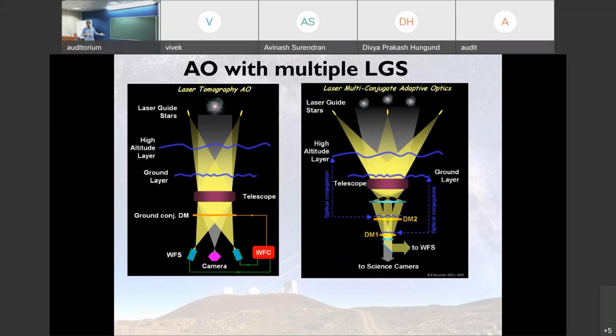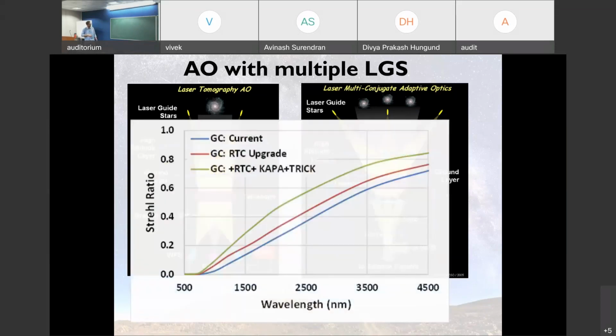So it depends on what kind of science you want to do, whether you want direct imaging of exoplanets, high resolution imaging over small extended regions, or very wide fields you want to capture at mid-level Strehl ratio. Depending on the science requirements, you decide the kind of AO system that you want to design. You cannot use one AO system for all purposes, of course.